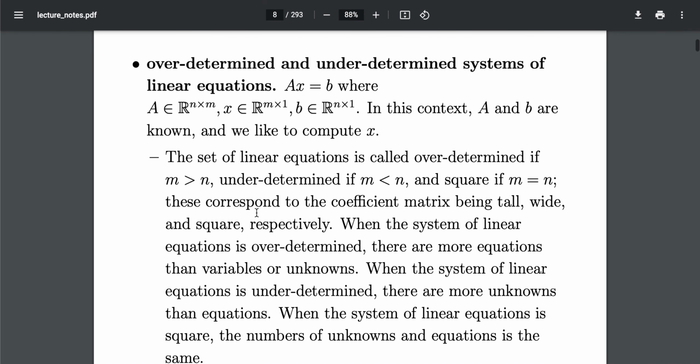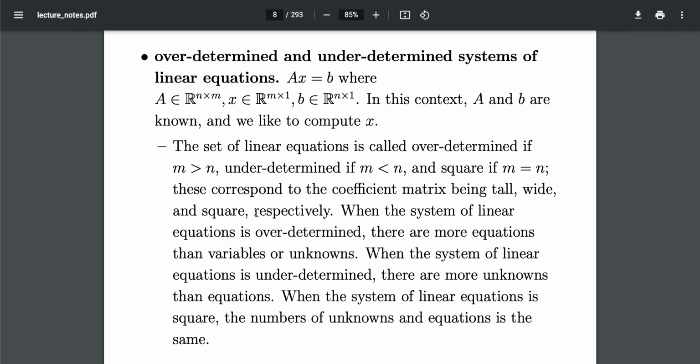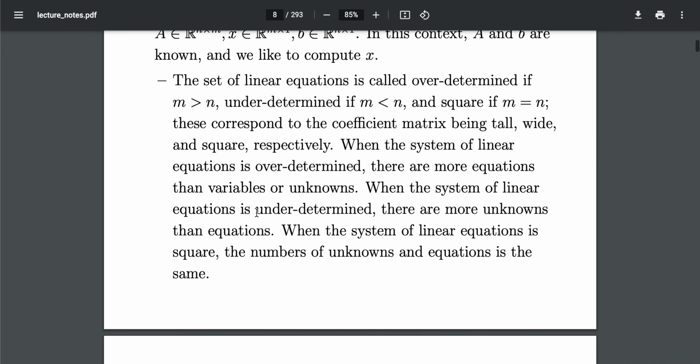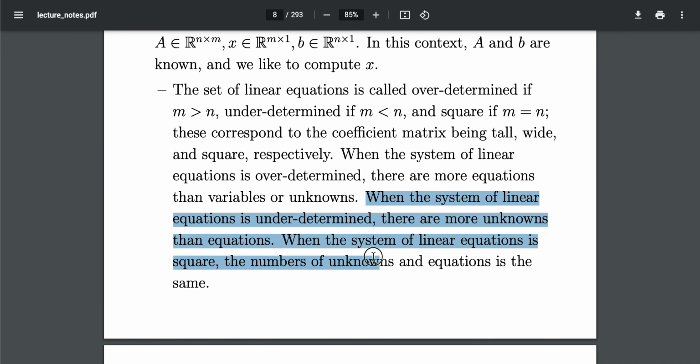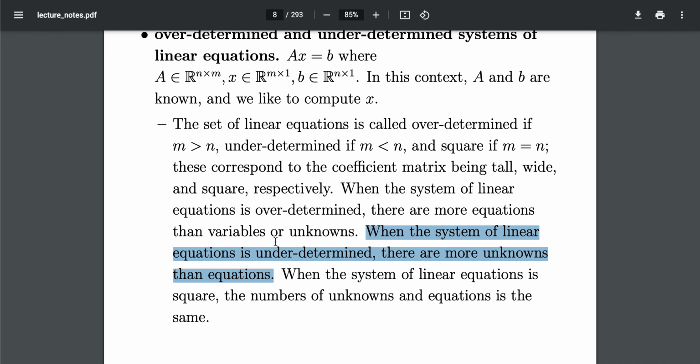And then we have overdetermined and underdetermined systems. These are all things that we talked about at the beginning of the semester. I'm just quickly going over them. If you want a slower pace, you may have to go back to the first or second lecture. But what you have here is a linear equation, and it is underdetermined.